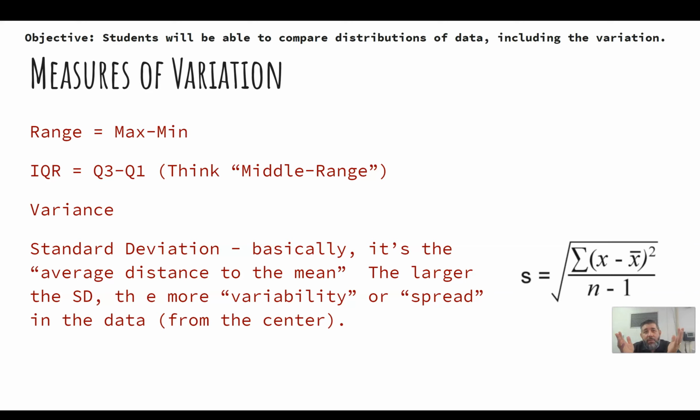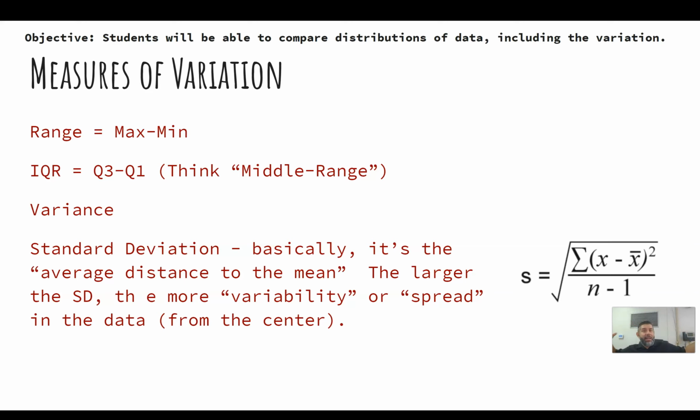So when do we use the standard deviation? What is it? Now, I'm not going to show you how to calculate it, although there's the formula, but really think about it as basically the average distance to the mean. What I'm really looking at is, on average, how far away are my data from the center? If on average they're far away from the center, so a big standard deviation, then I have larger variability, larger variation.